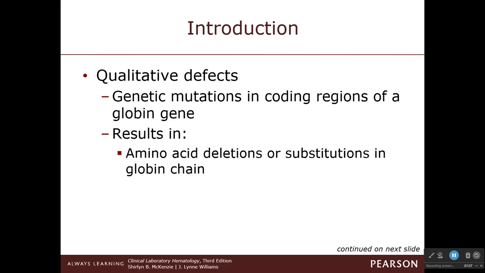So, where do these genetic mutations occur? It's usually in the coding regions. So you remember we've got two different things. Go back to biology, and you have a gene. And that gene has parts to it.